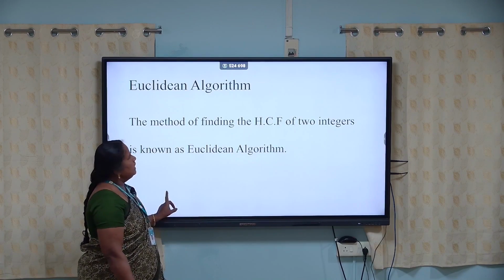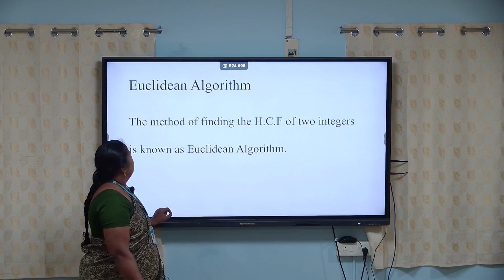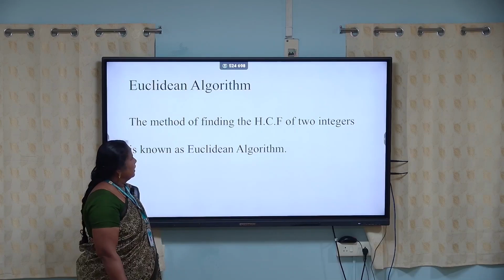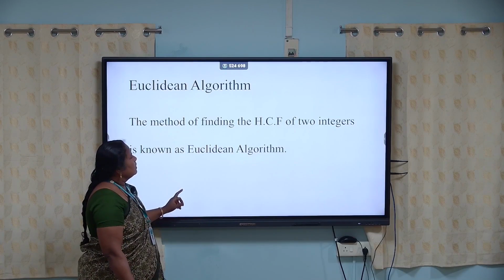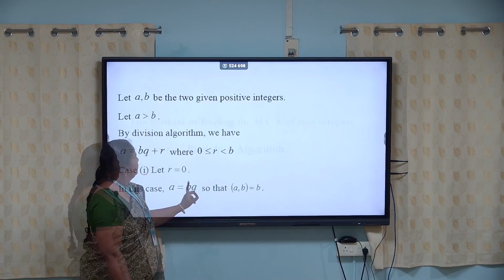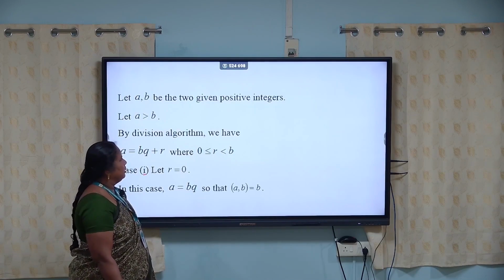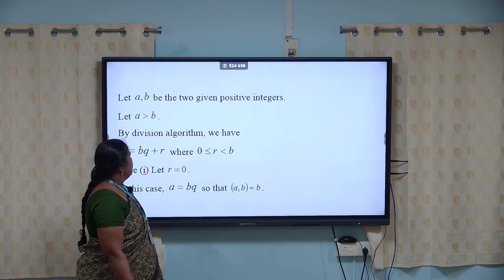Now we are going to see the Euclidean algorithm. The method of finding the HCF of two integers is known as the Euclidean algorithm. Let us take a and b to be the two given positive integers. For convenience, let us take a greater than b.